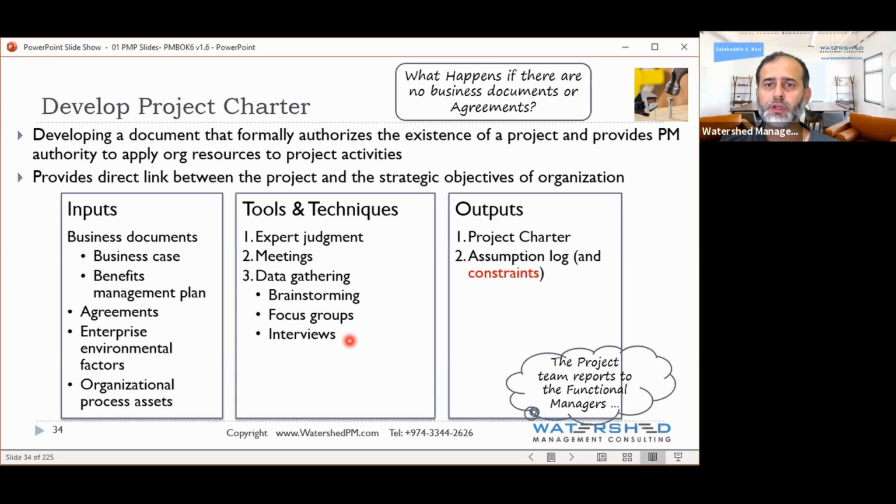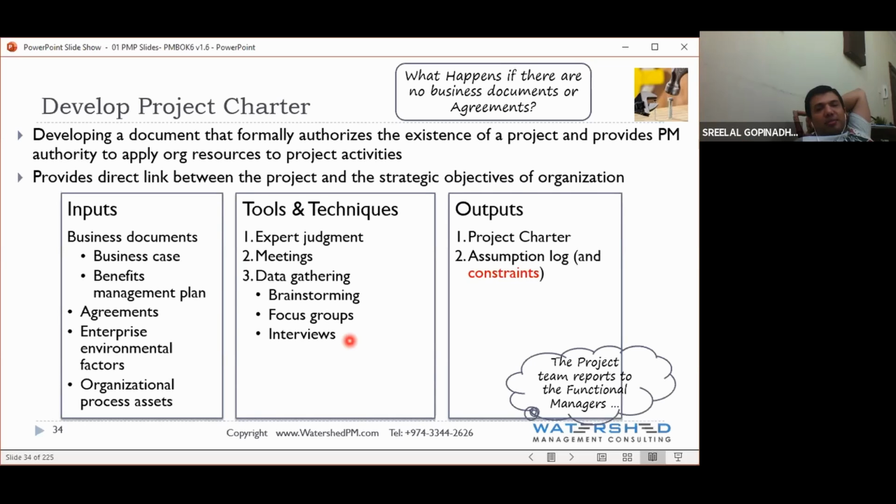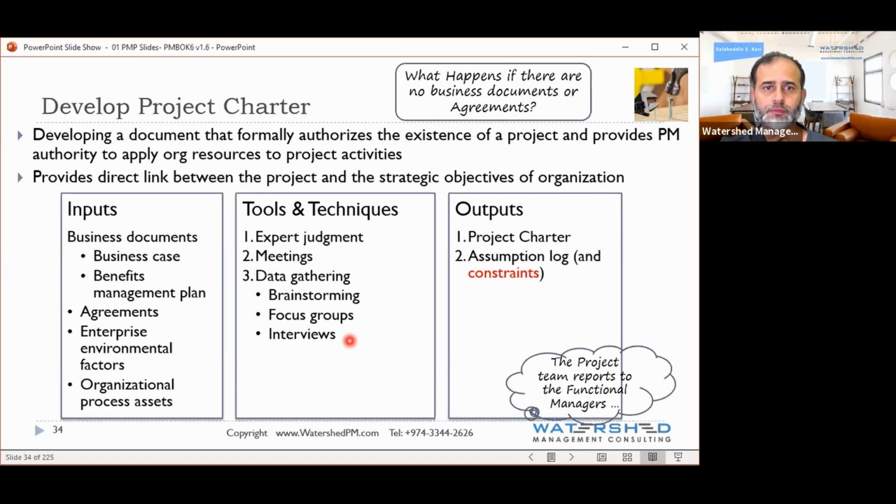And I'm talking about the project initiation. Can a project be started in a company just because someone has an idea? Can start, but we can't execute. No, you can execute. Somebody says, I need to build electric cars.